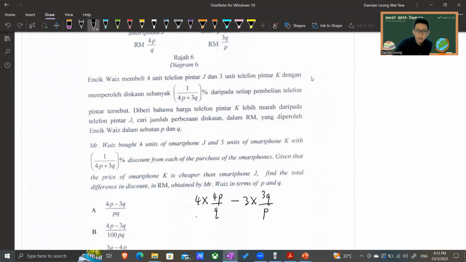The difference in their price times the discount.